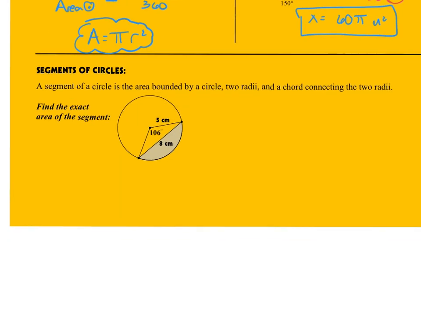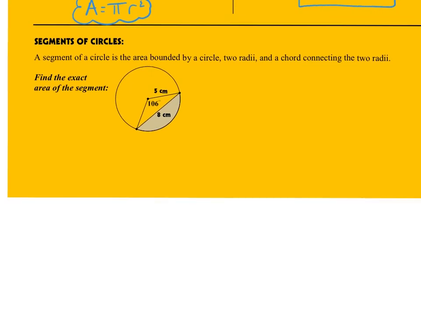Last one we're going to look at is a segment of a circle. Now, this is a specific definition. A segment of a circle is going to be an area bounded by the circle, 2 radii, here and here, and a chord that connects them. So the segment in this case is this funny little piece right here, okay?